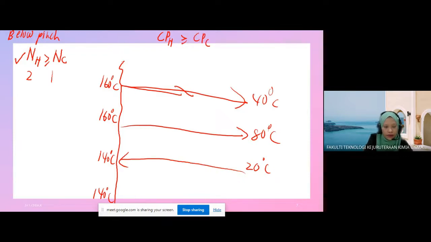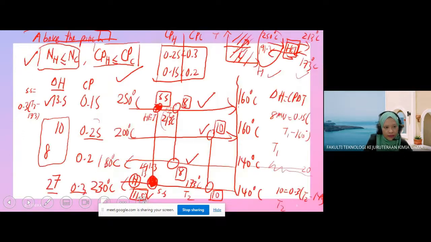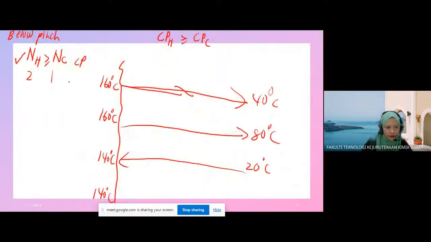Okay, now write the CP value first. 0.15, 0.25, 0.15, and then 0.25, and then 0.2.